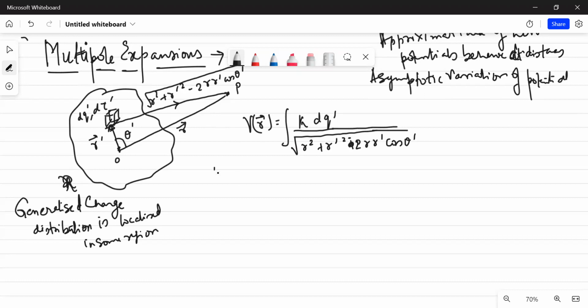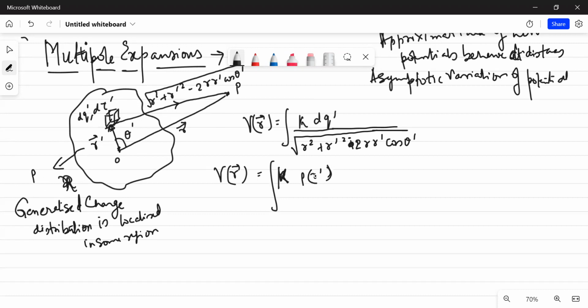And so I'll write my potential as a function at some distance r vector from the origin as k integration, and instead of dq dash, just write rho r dash, and let's say the volume charge density of this is rho.